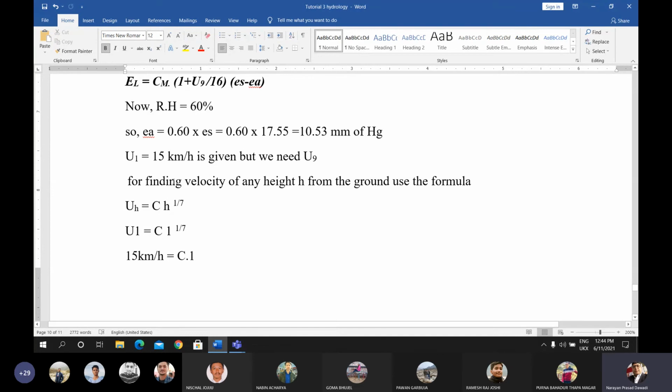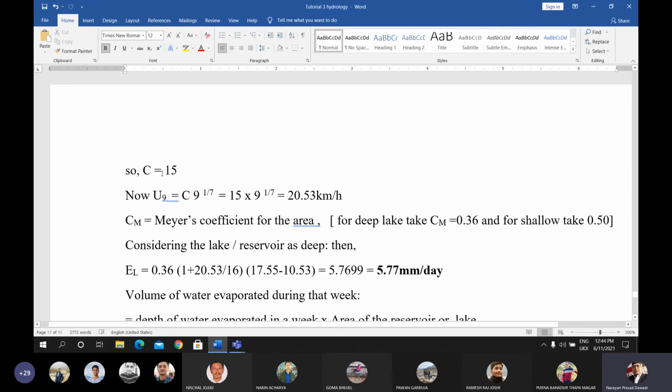In this way, you can find the relation. And if you take U1 as 15 km per hour, C 1 power 1 by 7, the C value will be 15 km per hour. The C value is known as 15. Now U9 is equal to C 9 power 1 by 7.